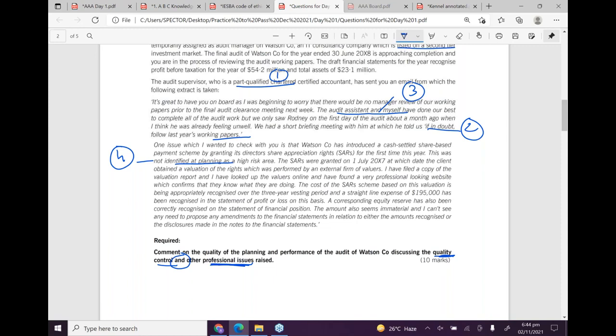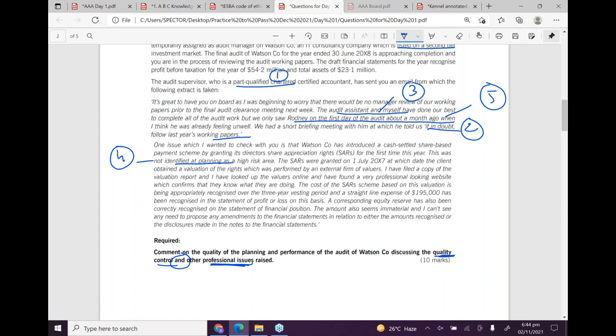All of you who were saying there was no... Anthoniel as well and Munib as well. You're absolutely right. The fact that he was there on the first day of planning and then he's never shown his face is the supervision issue. The fact that no manager was there to review our papers prior to the final audit clearance meeting is a separate mark as well.